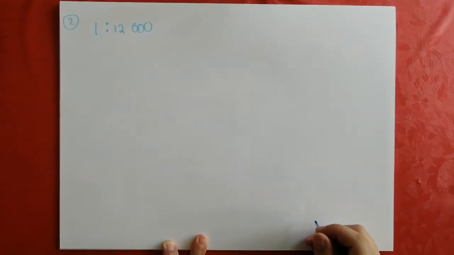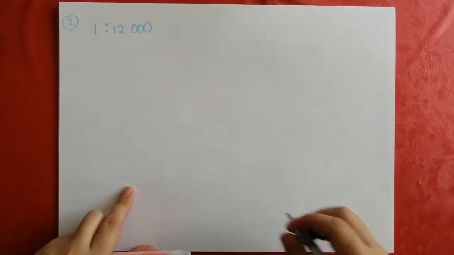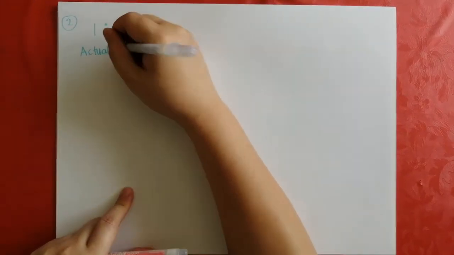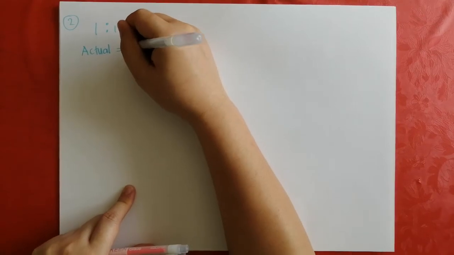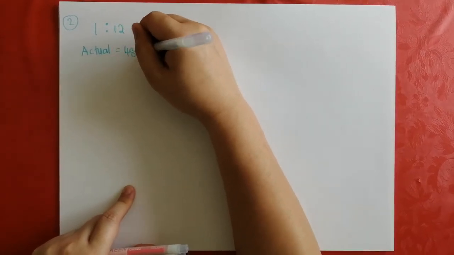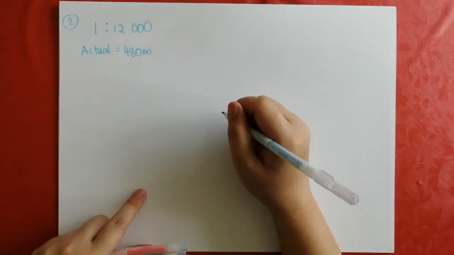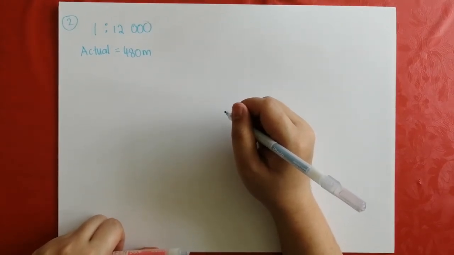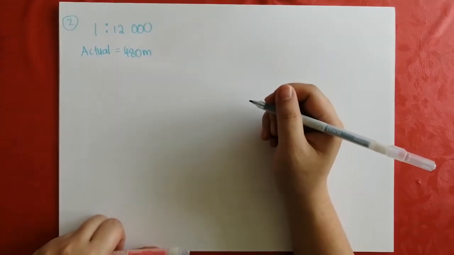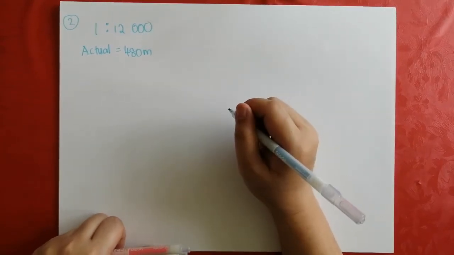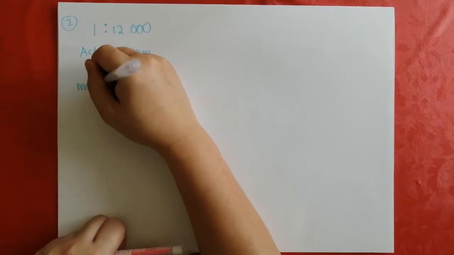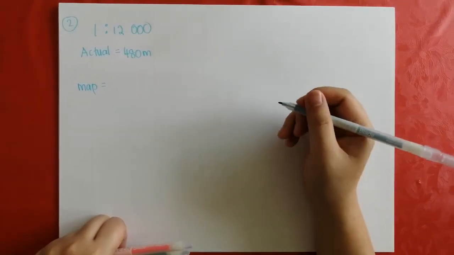That wall being 480 meter long is the actual, the real length. We need to find the length on the map, in other words the length on the diagram.